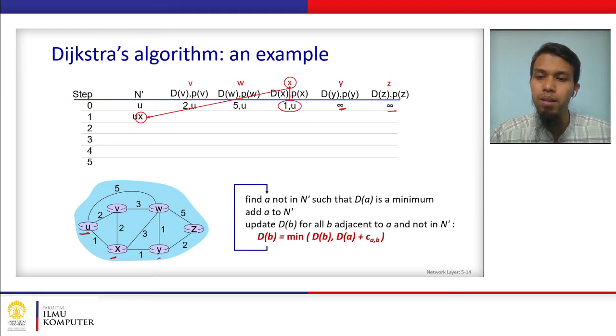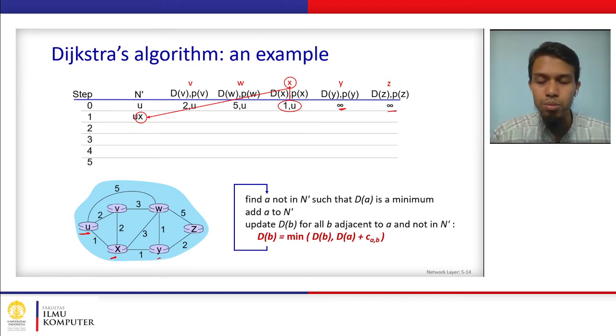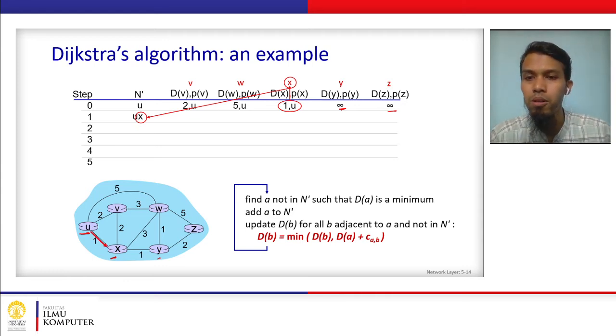So y is the neighbor with x, and we can evaluate another route from x to the other nodes v and w.